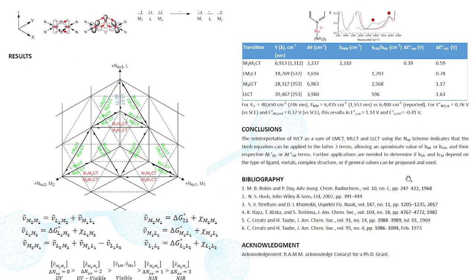This opens interesting ideas because now we can find approximate values of the electrochemical oxidation and reduction potentials between the metals, but also for the ligands, using only the absorption spectrum of the system. Unfortunately, more experiments need to be done because we don't know if there are trends in these values of BML and BLM depending on the ligands, metals, or complex structure, or if we can just simply propose a general value, as we did in this case.